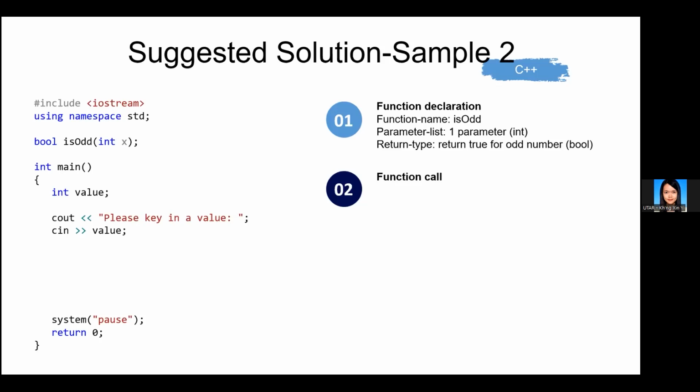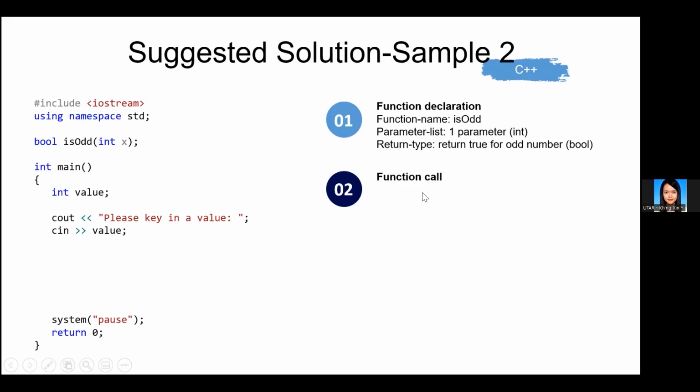Remember, for a number, only if it is an integer can we decide whether it is odd or even. If it is like 36.5, we can't decide whether this is an odd or even number, right? Then I have included the argument name x here, but you can choose to include it or exclude it, okay?